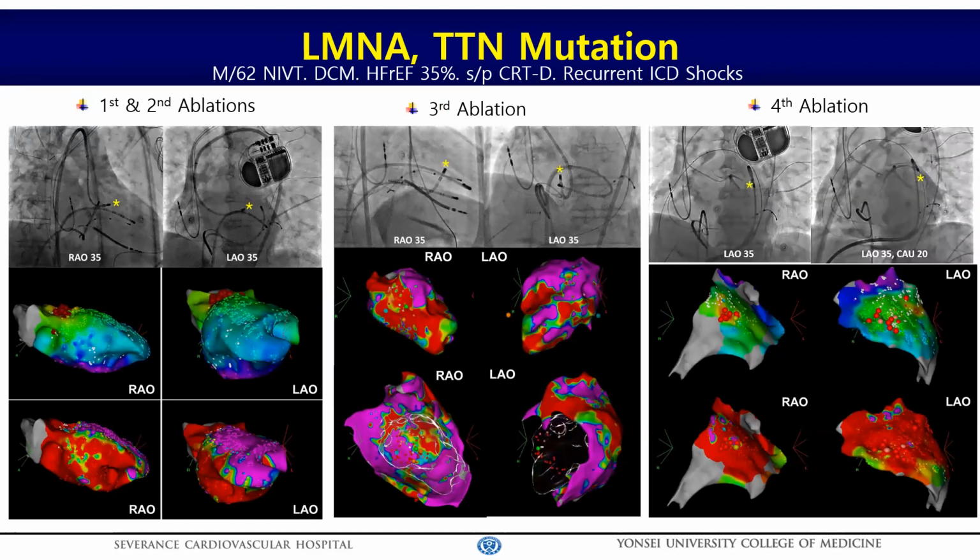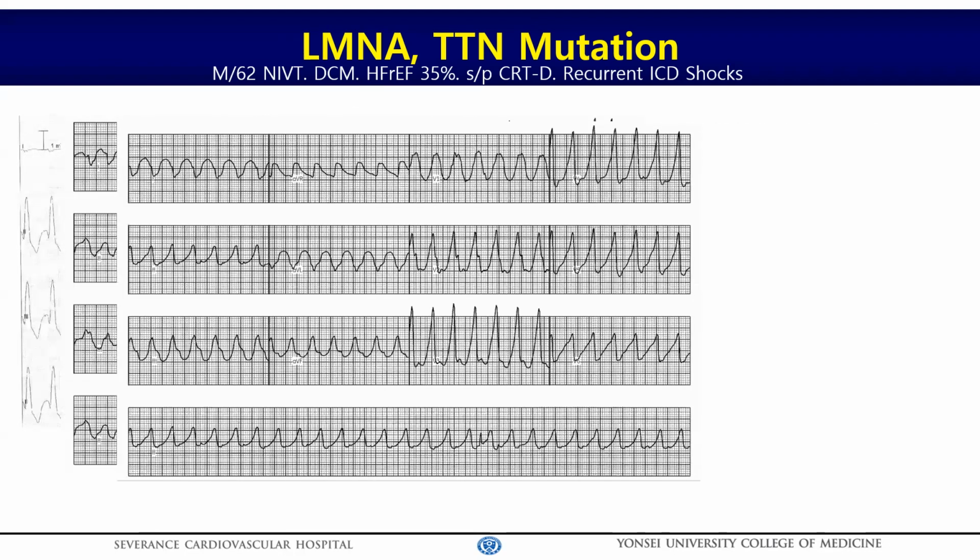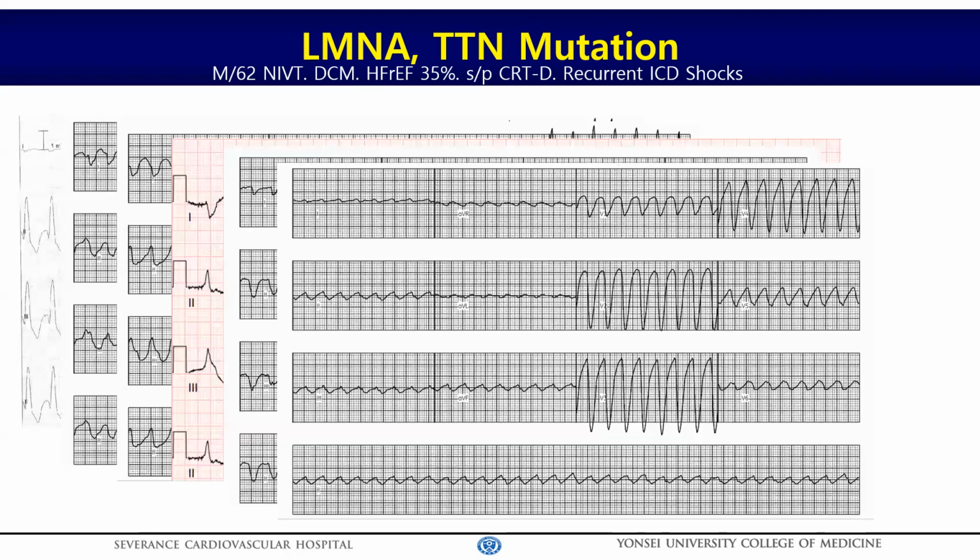VT targets at the first and second procedures were the LV summit, and we also ablated scar border zones at the mid-posterior septum. The final ablation was done in the mid-anterolateral epicardium. Although the frequency of ICD shocks decreased remarkably, he still has occasional ICD therapy, so we included him in the transplantation list. The patient shows so many different VT morphologies: 1, 2, 3, 4, 5, 7.